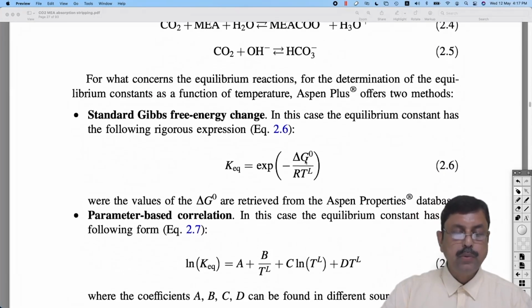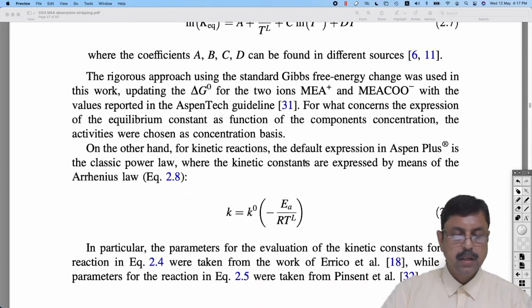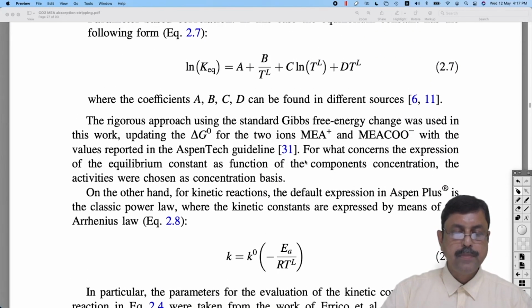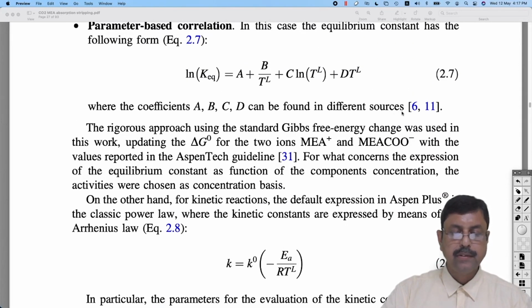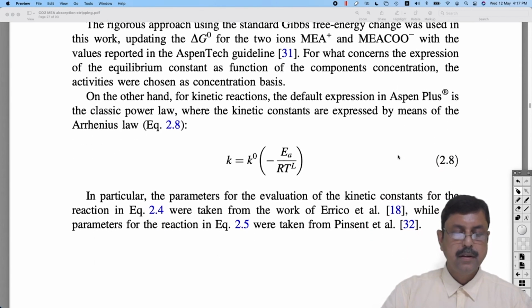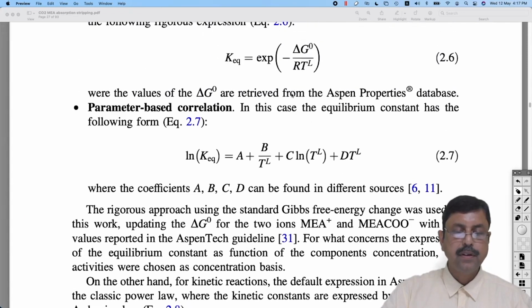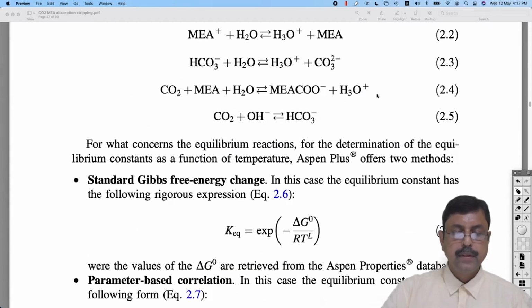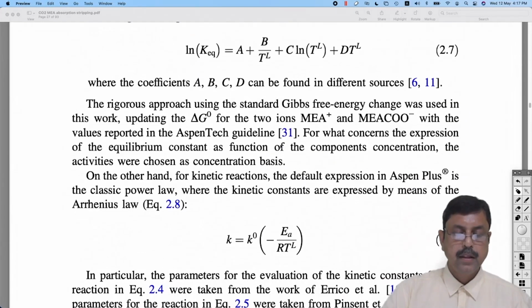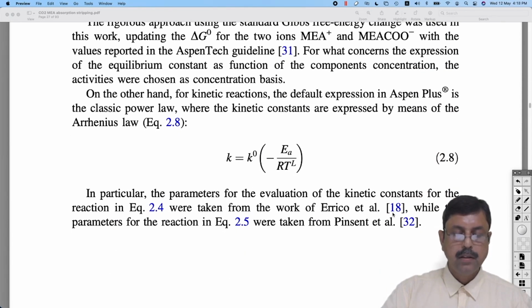And where do we get the parameters from? They are also obtained from various sources like number 6, number 11. These are references. For instance, the kinetic constants for equations 4 and 5, that is these 2 equations involving CO2, they are obtained from these 2 papers, 18 and 32.